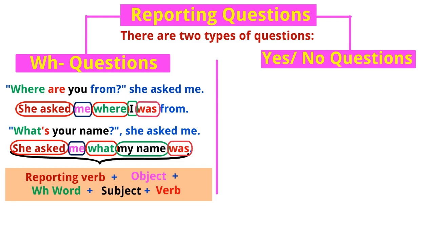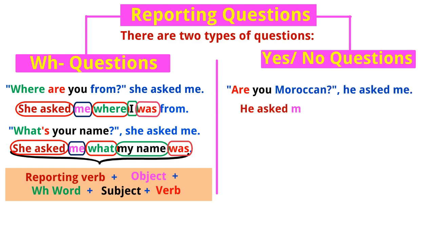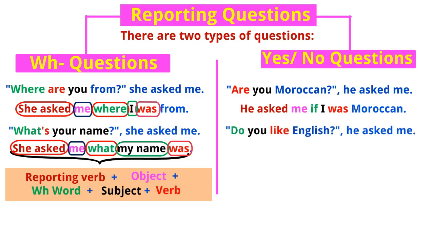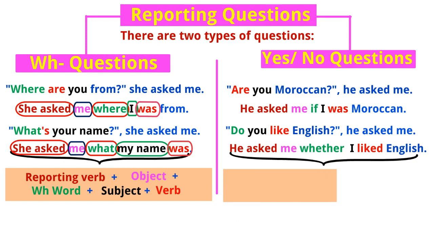Let's move to examples of yes or no questions. "Are you Moroccan?" he asked me. He asked me if I was Moroccan. Question number 2. "Do you like English?" he asked me. He asked me whether I liked English. Get the rule from these two examples again.